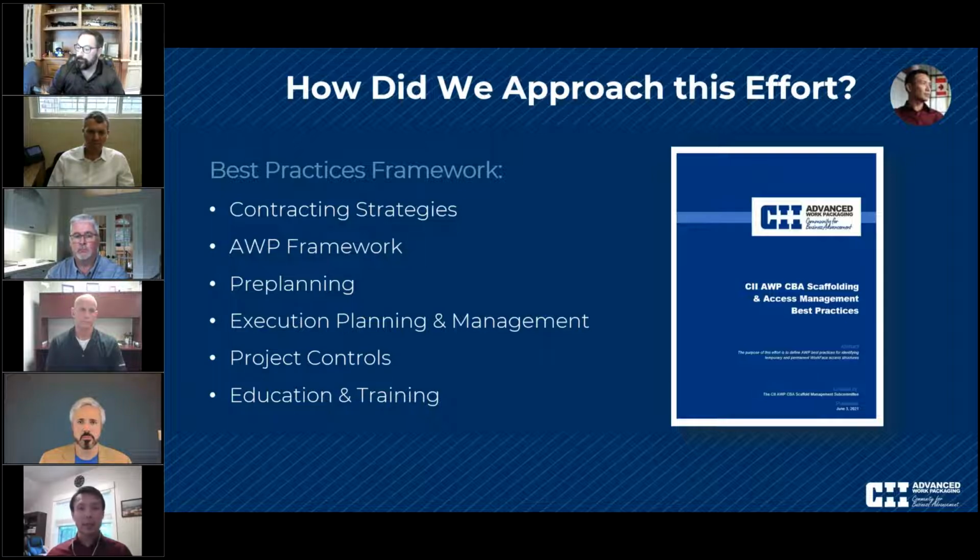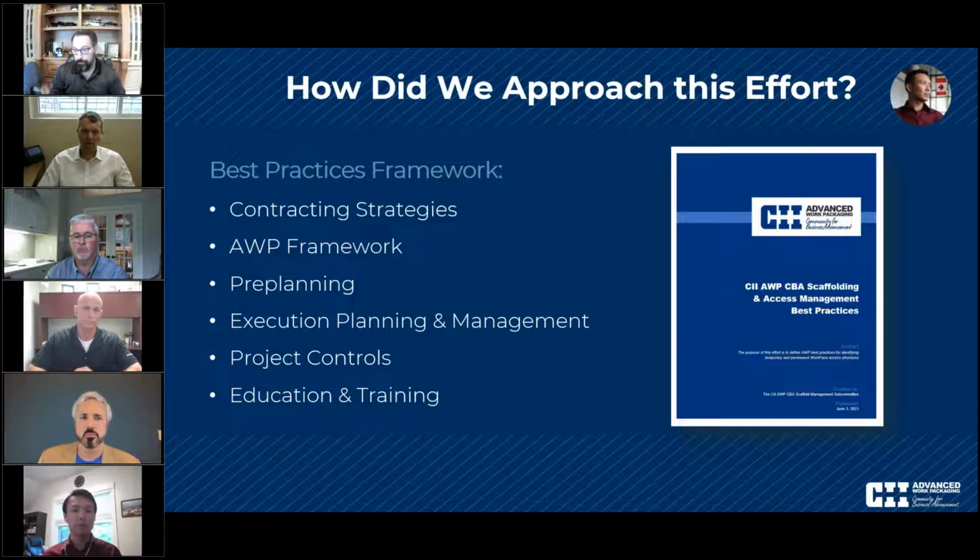So within that context of some of the issues that we've observed, we've defined a best practice, and we've broken that best practice into a framework of 6 major items that we wanted to cover. We'll go through contracting strategies and the advanced work packaging framework. We'll talk about pre-planning ahead of getting to the field, and then once you get to the field, the execution planning and management of scaffolding.